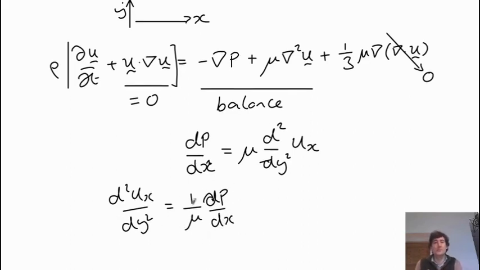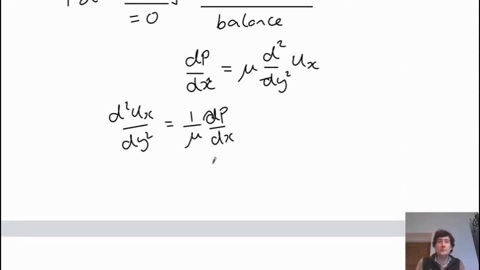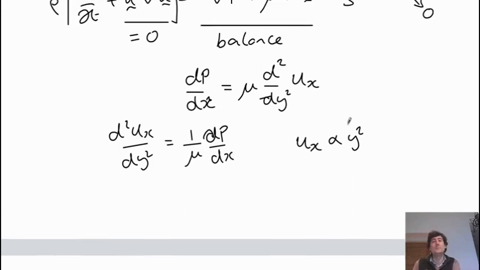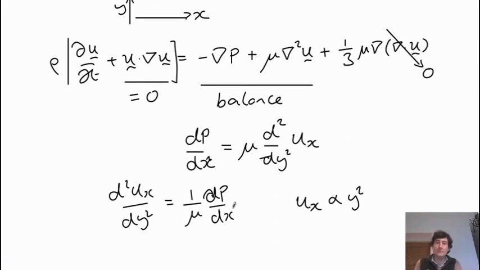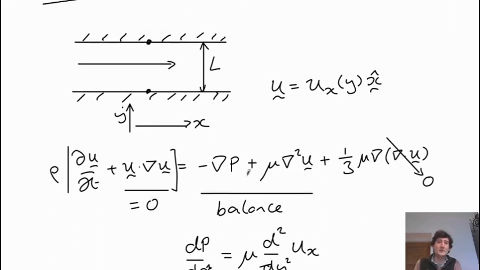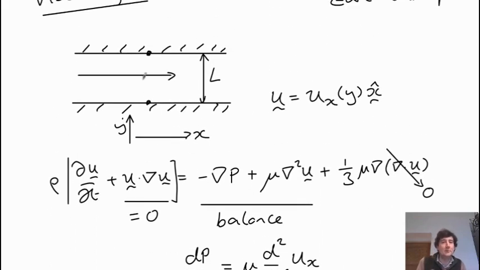And so this is just a simple quadratic. And so we write that the ux must be proportional to y squared. It must be like y squared plus something involving y. So it must be a quadratic. And we can look at what this must be by looking at the boundary conditions. So at the walls of the plates, the fluid is in contact with the wall, and so the fluid velocity goes to 0.